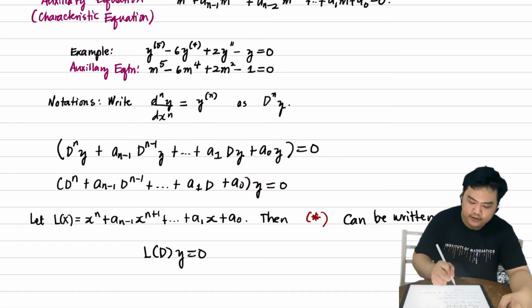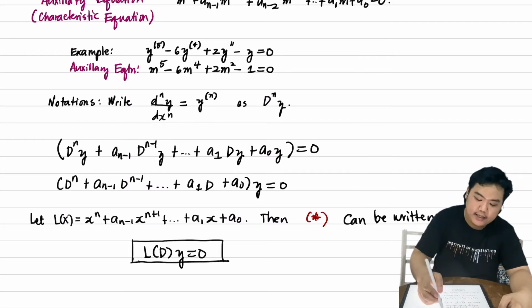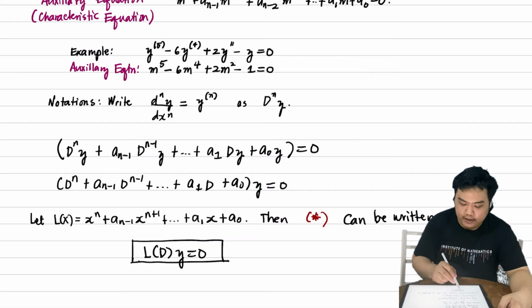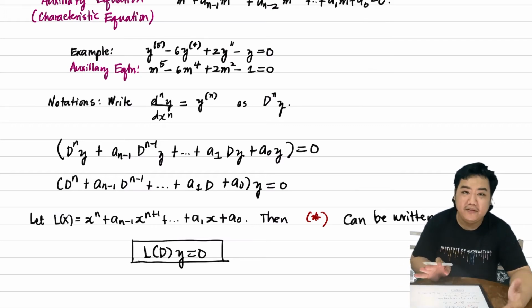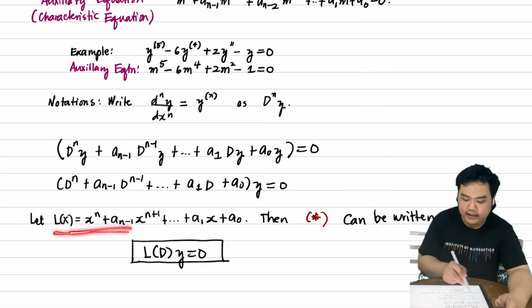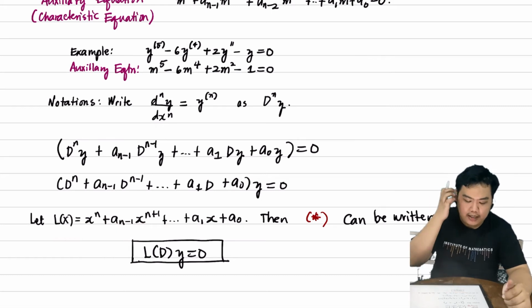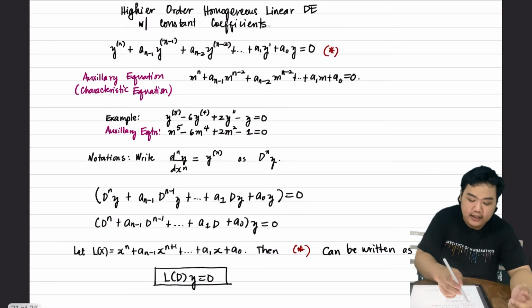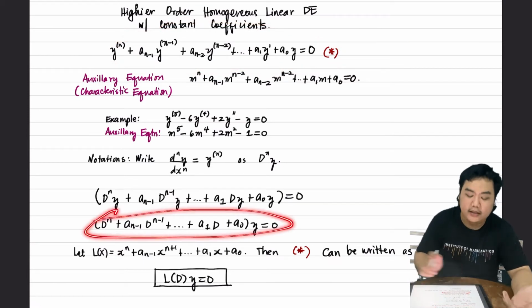Kaya minsan sa mga books or pag nag-aral kayo on your own, iba sasabihin nila, this is homogeneous linear differential equation with constant coefficients where L is an nth degree polynomial. Okay, so minsan ganun nila sinasabi. O yung iba naman, nakaganito nila sinusulat. Or minsan, nakaganito.